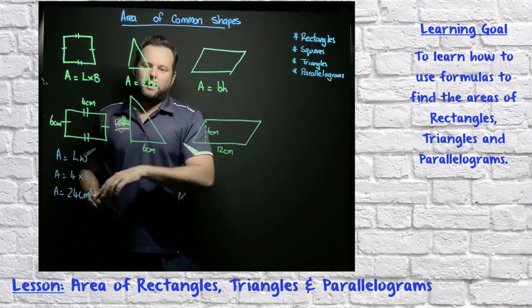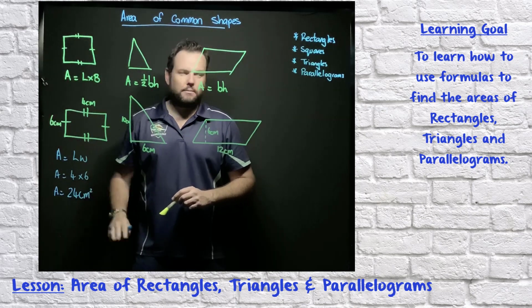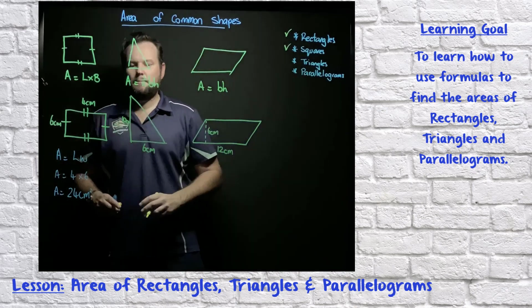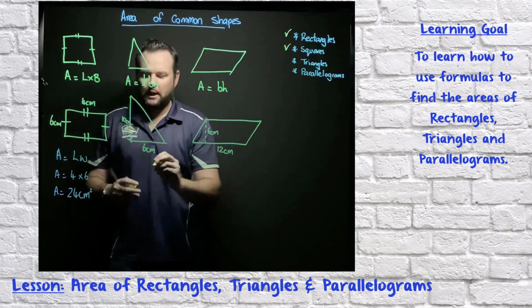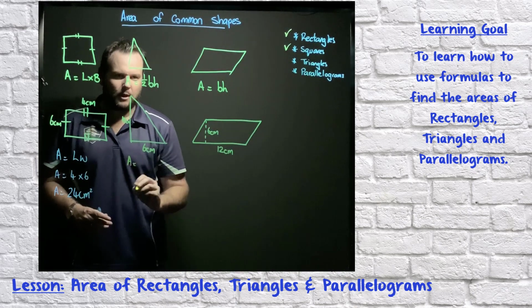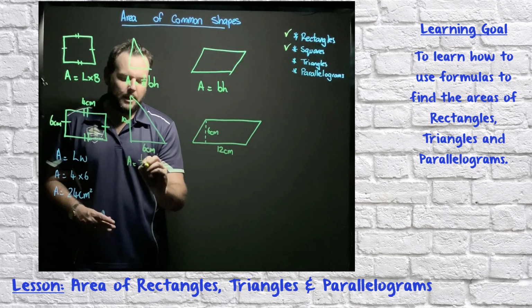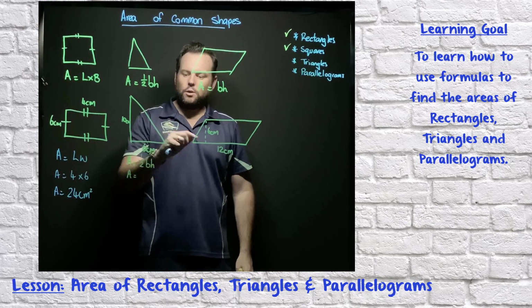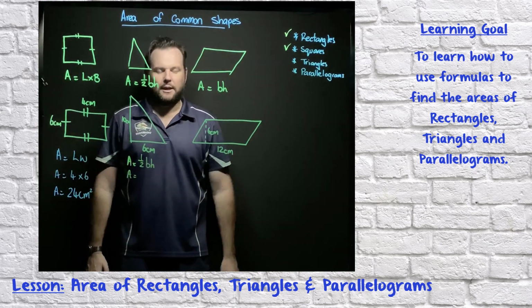With our triangle here, okay? So that's your rectangles and squares, tick, tick, okay? With your triangle here, once again, we write out the formula, okay? So half the base times the height. Now, what that means is that if you were doing this on a calculator, it's very simple.